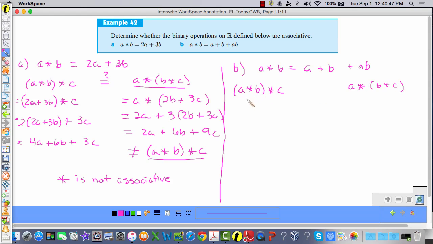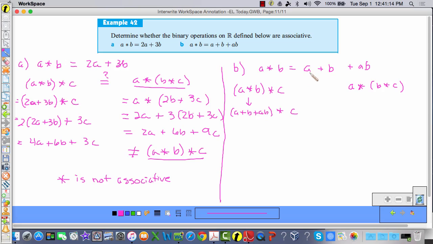A star B is going to just be A plus B plus AB. Okay, star C. So this was our first and our second. Now this is our first and this is our second. So this turns into a whole big giant mess.